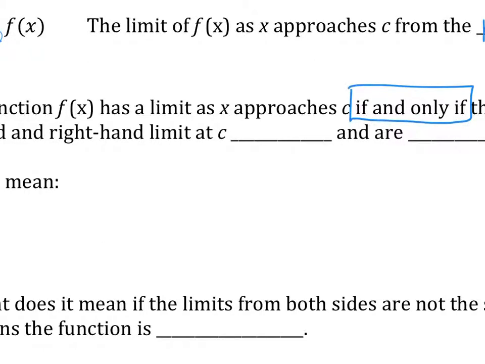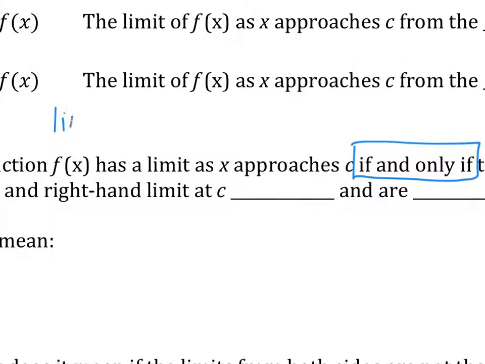So what it's saying is the limit as x goes to c, just c, not minus, not plus, just c, will exist only if, first, the left-hand side and right-hand side have a limit. So there is the first thing, it has to exist. Both sides are going to some number.